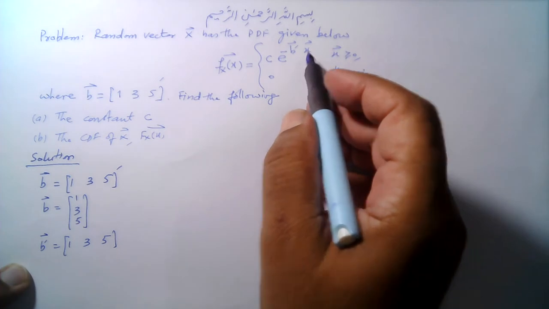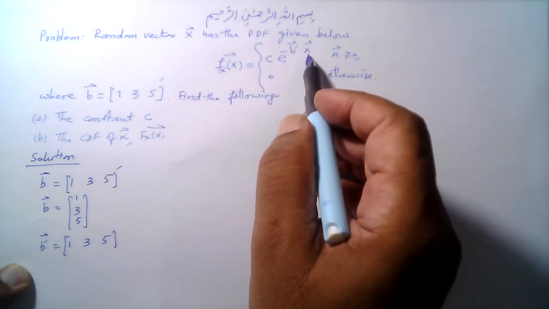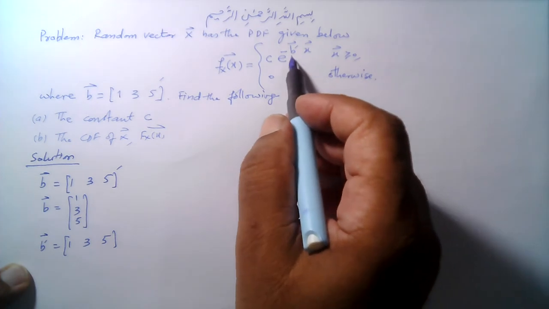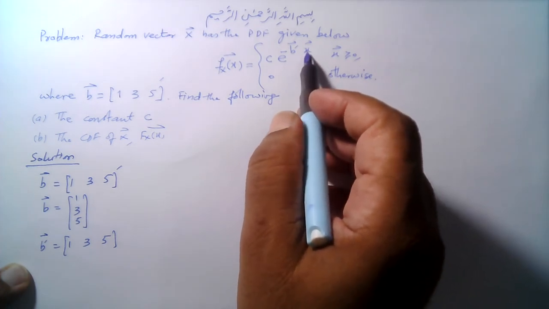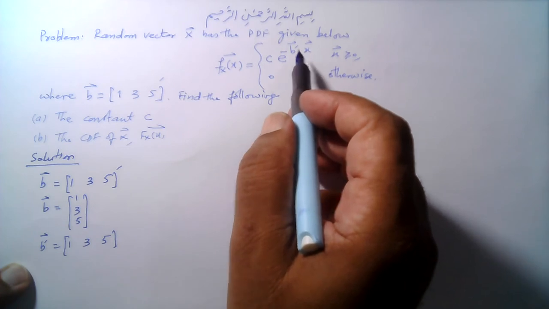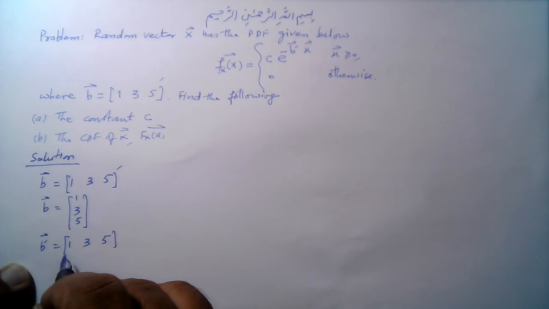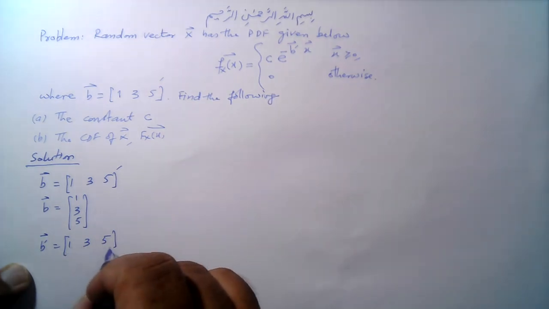We are only told that x is a random vector here, right? But the number of elements of x are not given. So we can deduce this from this product here. Vector x is multiplied by this vector b dash bar. So b dash bar has 3 elements, and this is a row vector here, right?